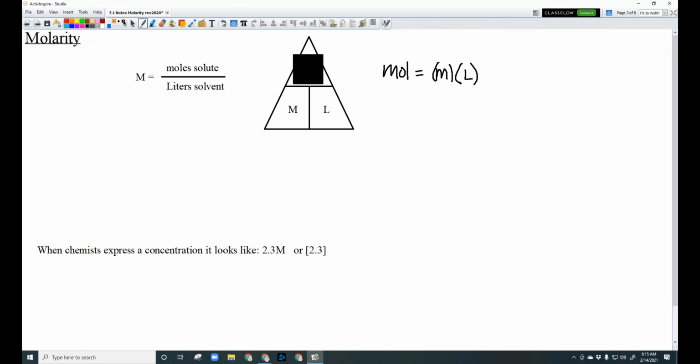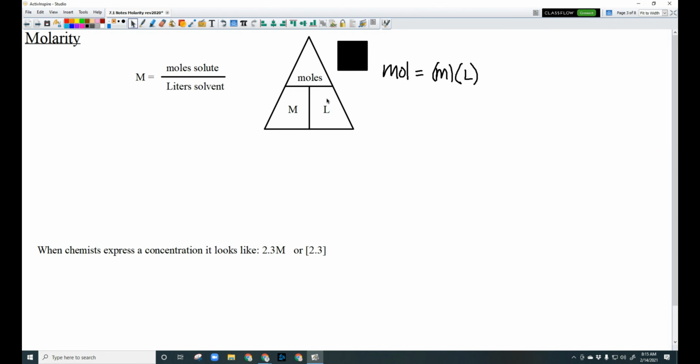Another one, like if you wanted to solve for liters, it's moles, and when they're on top of each other, like with this line, it's moles divided by molarity. And if I was solving for molarity, it's moles over liters. So if you put the variables in a triangle like this and then draw a T here, cover up the one you want to solve for, and it tells you.